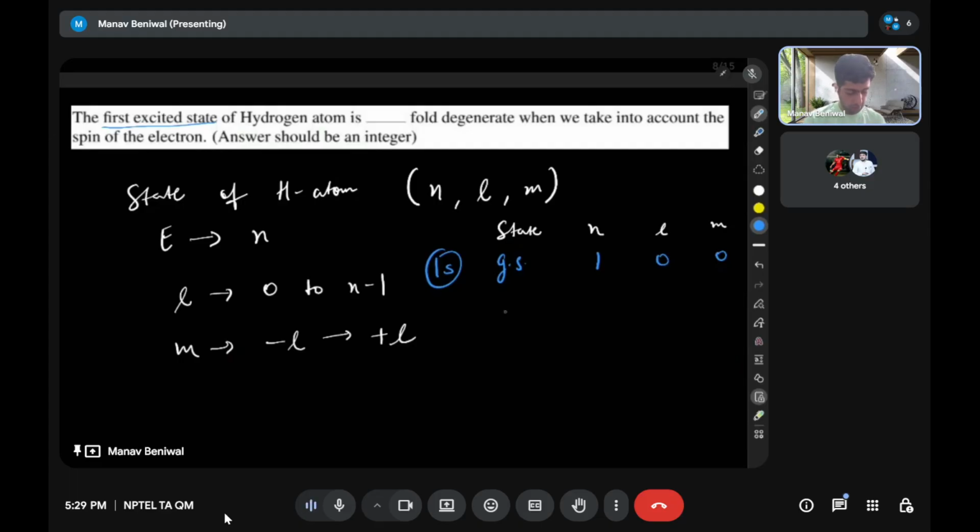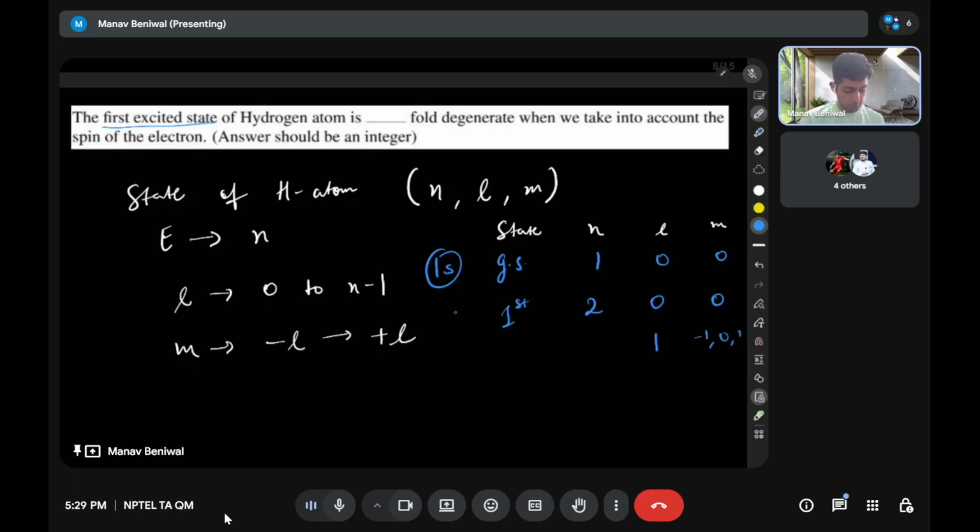For the first excited state, n will be 2. So l can now have two values. It can have 0 and it can have 1. For 0, m will have only one possible value, but for 1, it will have three possible values: minus 1, 0, and plus 1.